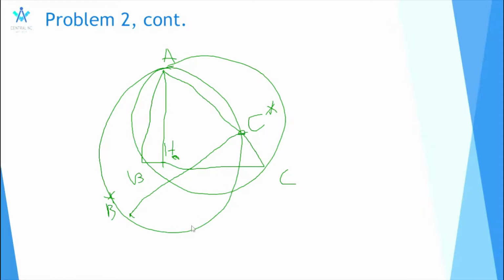But similarly, we use that isogonal argument, so V prime's reflection over the angle bisector is going to lie on line AH, where H is the orthocenter, and it's also going to lie on the circumcircle of ABC. So we're going to draw that in here because this will be V's image. Let's call this point K.